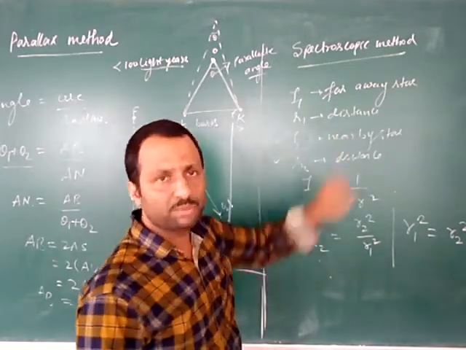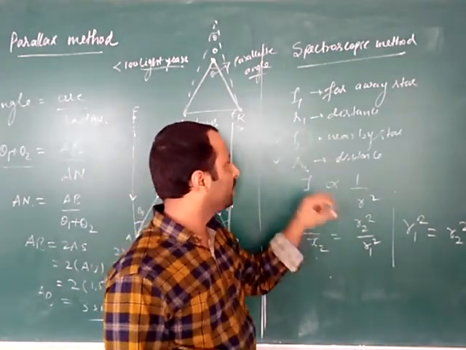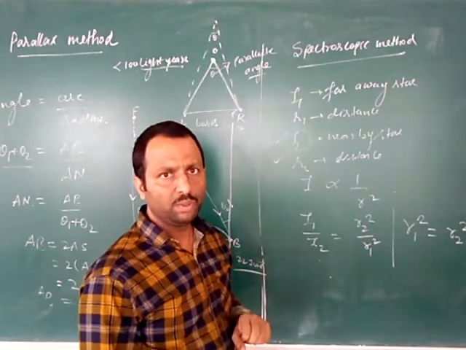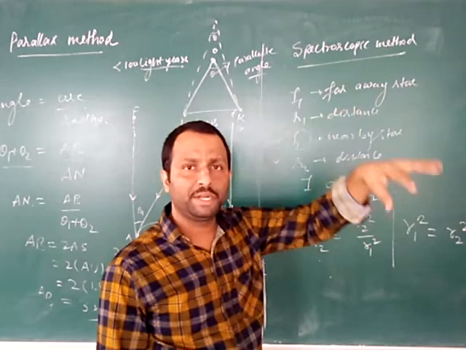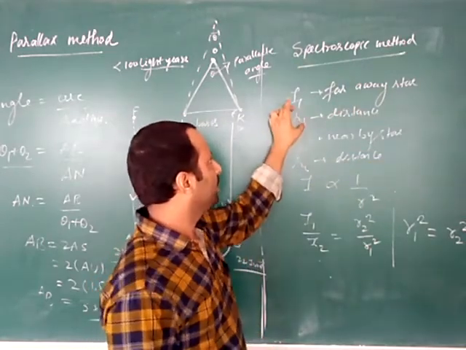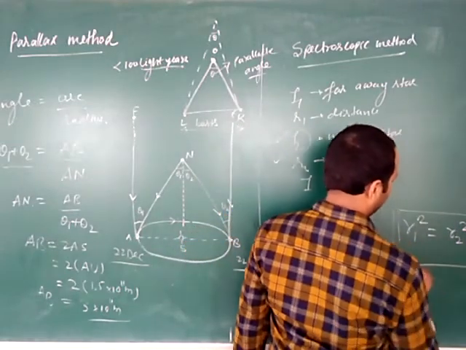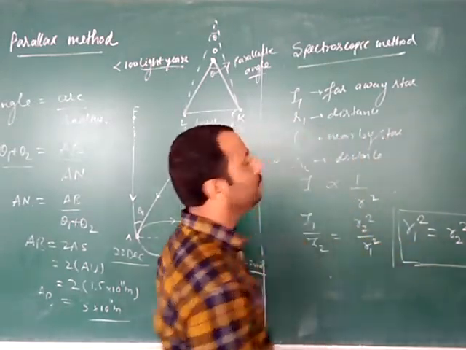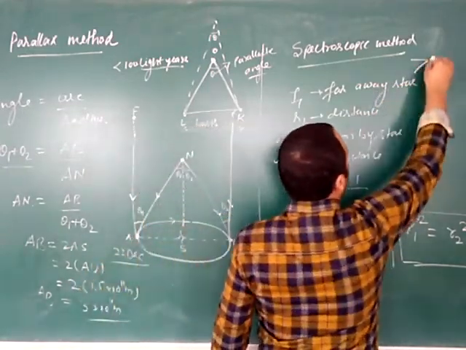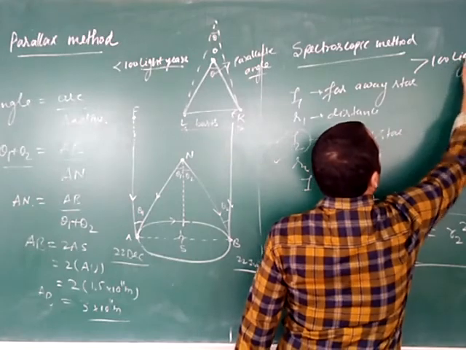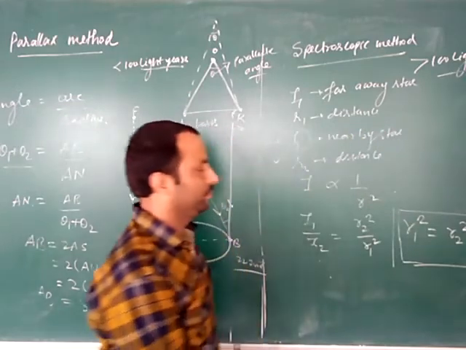Its intensity is observed on the photographic plate and can be determined, and as it is nearer, its distance is also calculated. But for the star which is far away, its intensity is determined on the photographic plate and its distance R1 is calculated from this relation. Okay, so this method is generally used when the distances are greater than 100 light years. Okay, thank you.